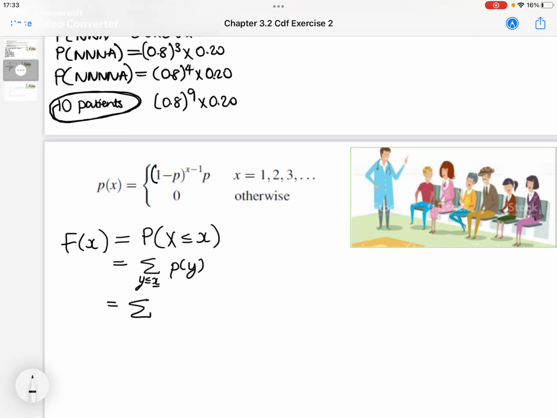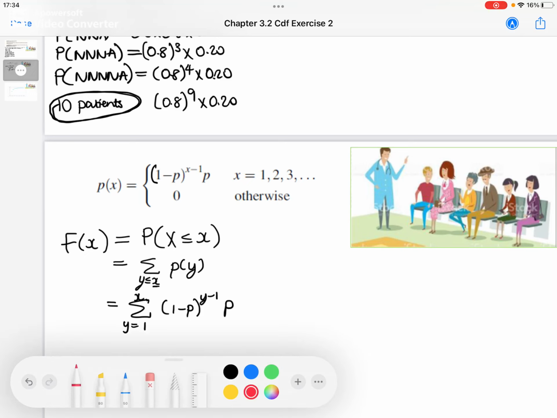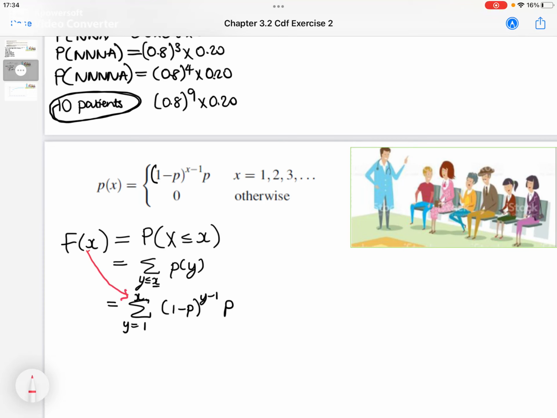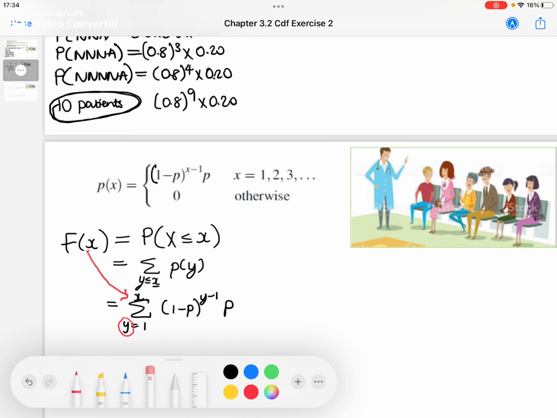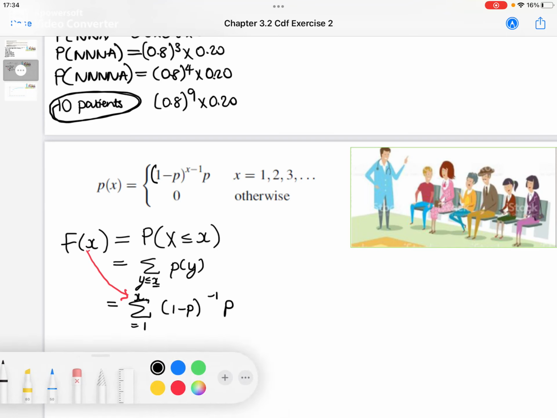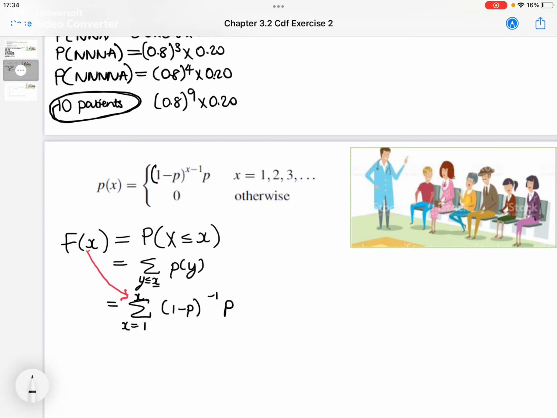Okay, and now this is also equal to, so we're summing all the possible probabilities, which is (1 minus p) to the power y minus 1 times p, when y starts from 1 to x, because it's a function of x. The reason why I'm using y here is that mathematically it would not be correct to write x equal to 1, you're summing up until x, and you have x minus 1.